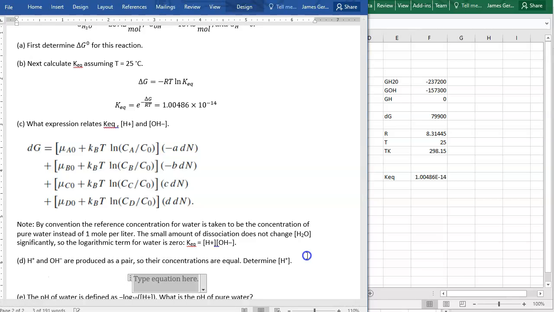So if you want to calculate them, you can say K is H plus squared, and so the concentration of H plus is just the square root.